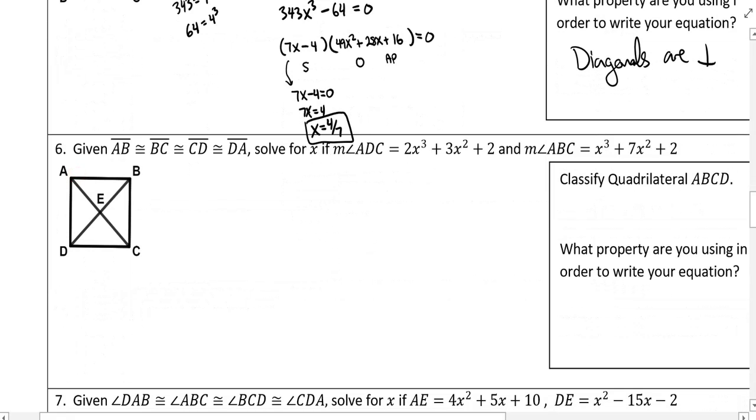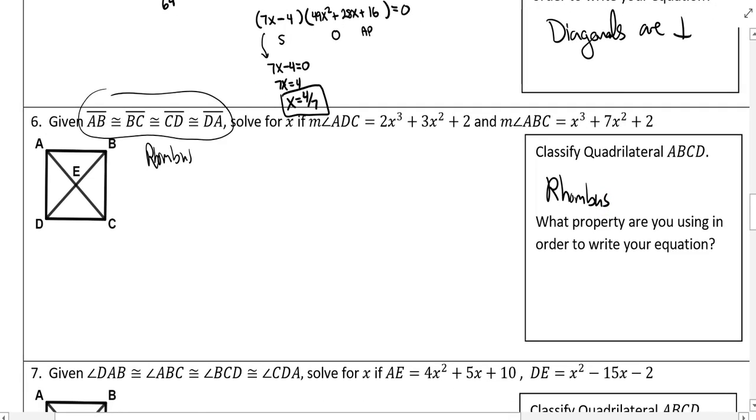On to number 6. Here we're told that the 4 sides are congruent. So what does that mean? That means we have a rhombus. So that's my classification. ADC is the big corner here.